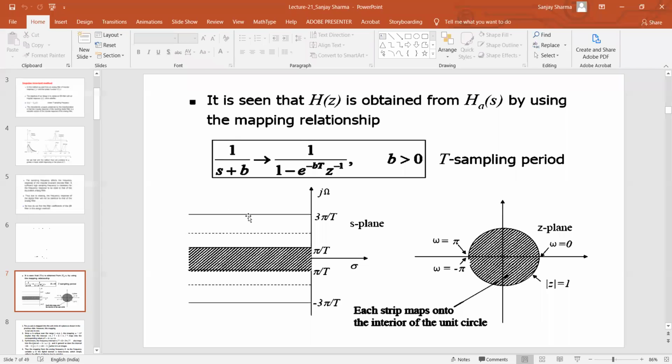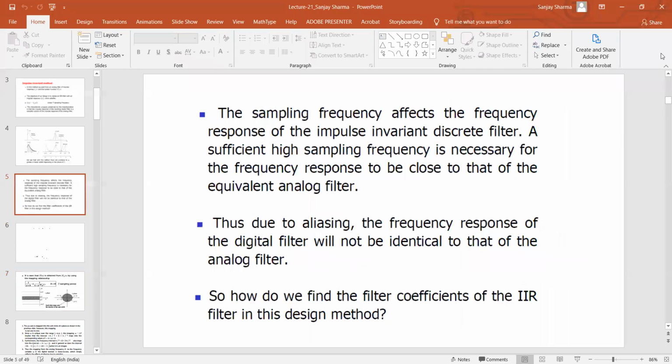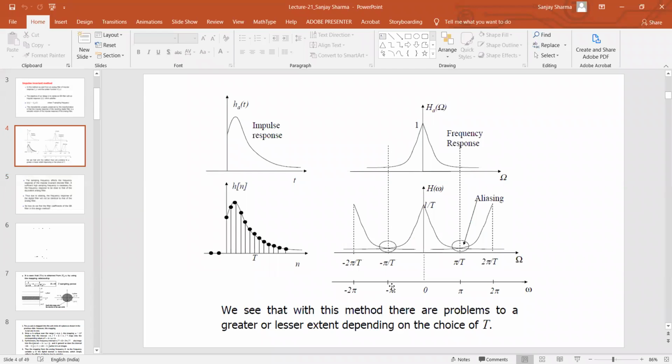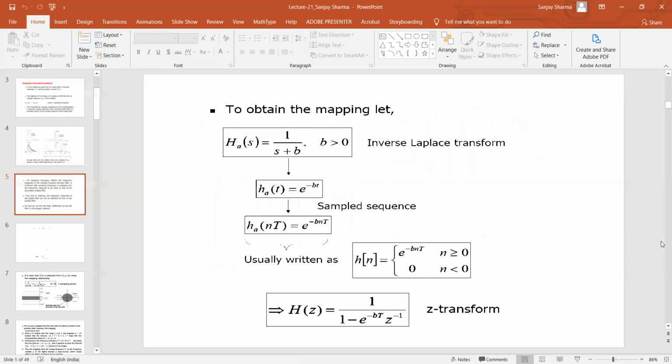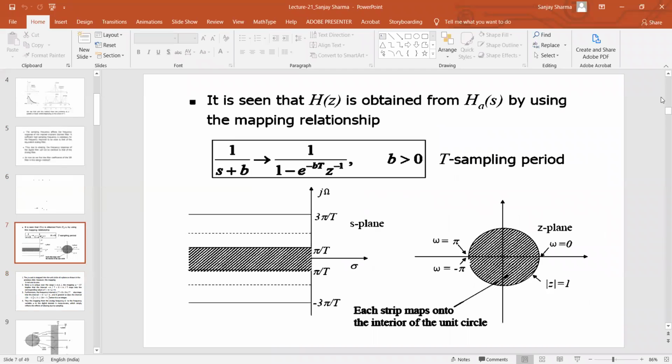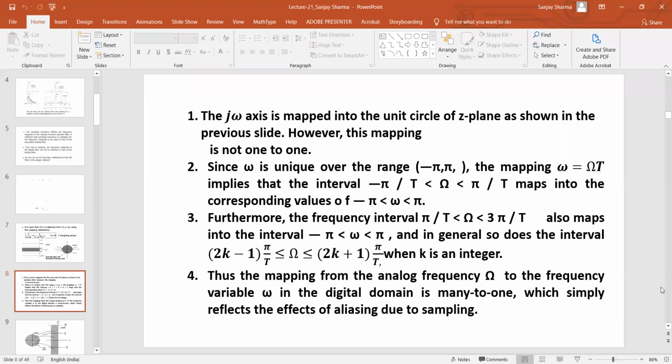The higher frequencies are going inside, because we saw that the impulse invariant method has the problem of aliasing. So that is another explanation of the mapping of the S plane to the Z plane. This happens in the impulse invariant method, which is inherently suffering from the problem of aliasing.